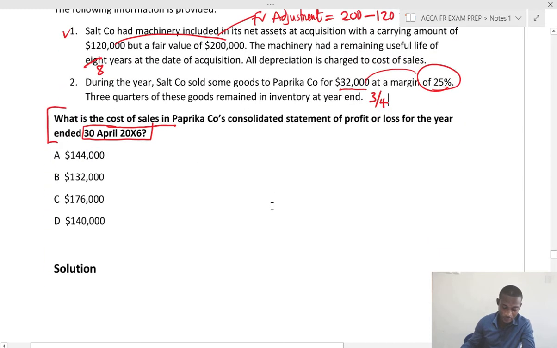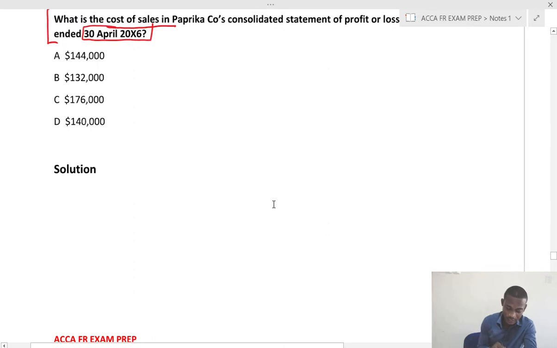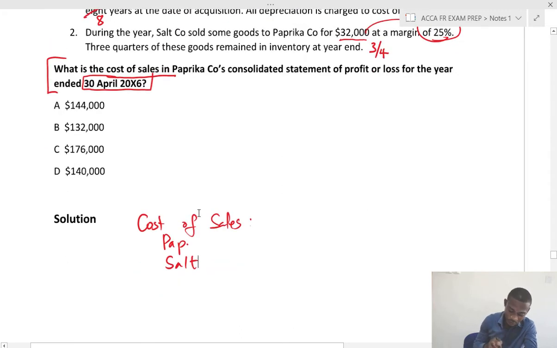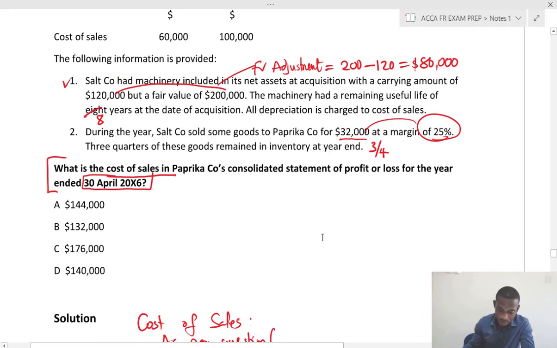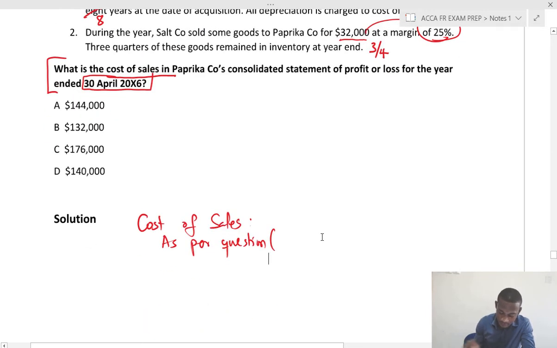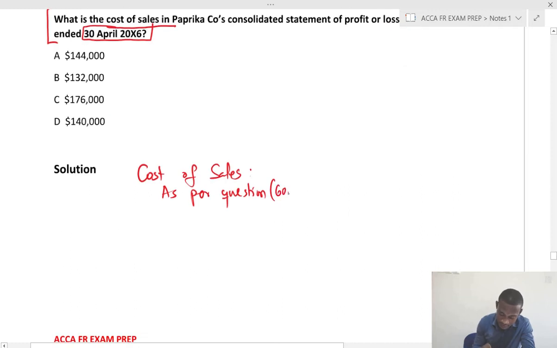So for the cost of sales, we have, as per the question, I'll open a bracket and put 60,000 plus 100,000.